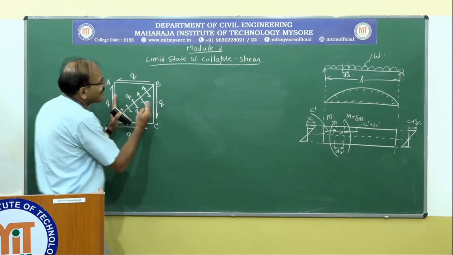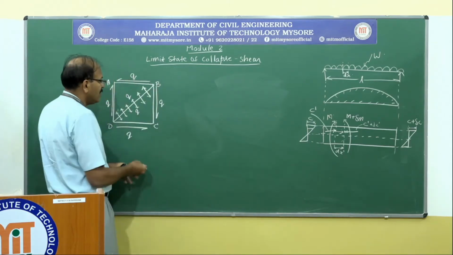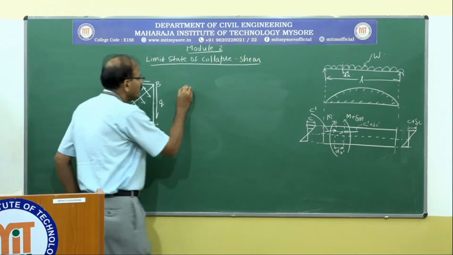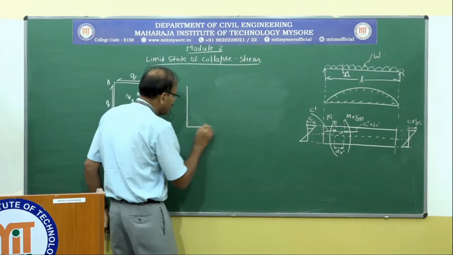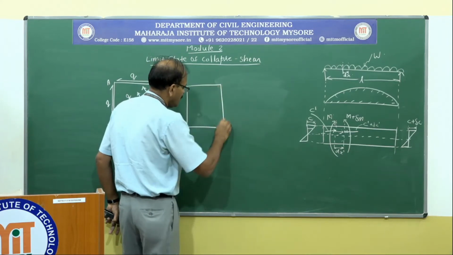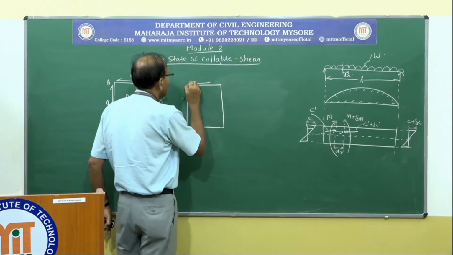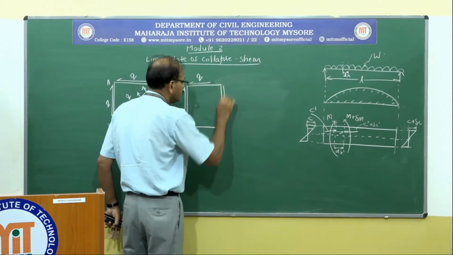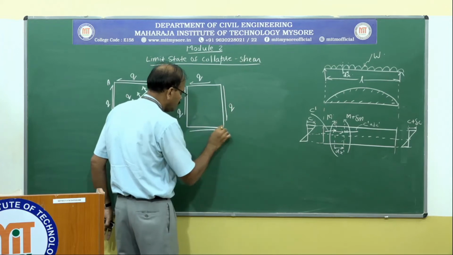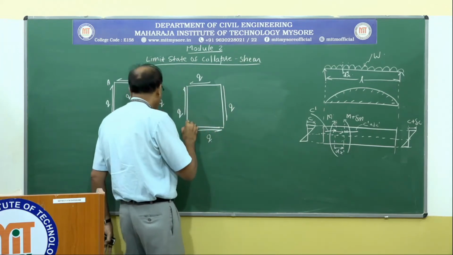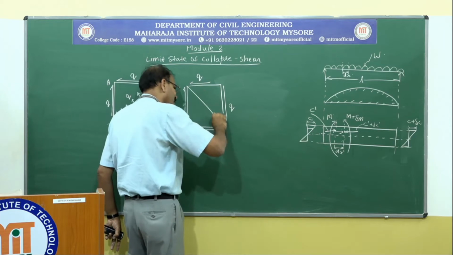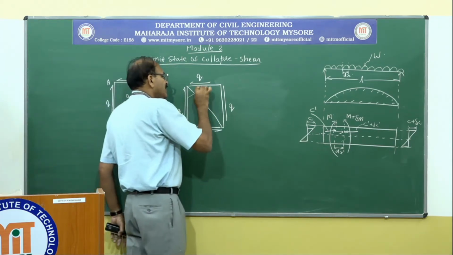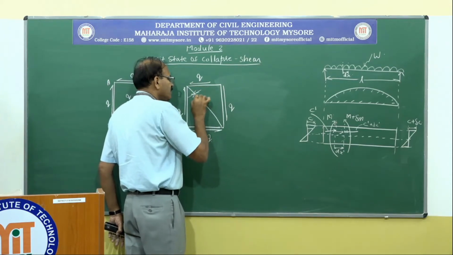Similarly, if I take the same element, I am writing the same element. If you want, you can draw on this figure itself, but I am not going to do that. I am going to take the same element. Okay, this is Q, Q, and if I consider this diagonal, then this diagonal is going to be subjected to compression.